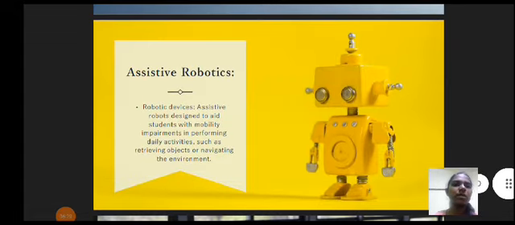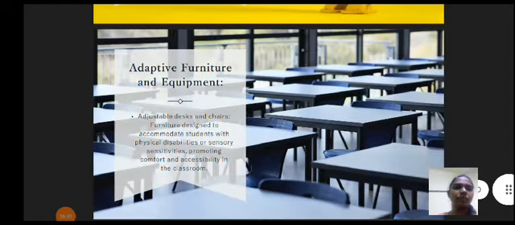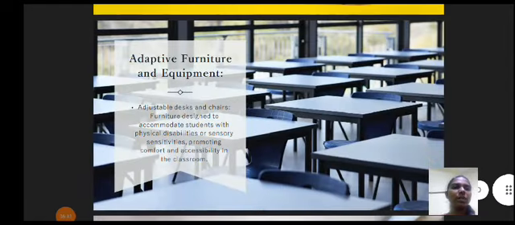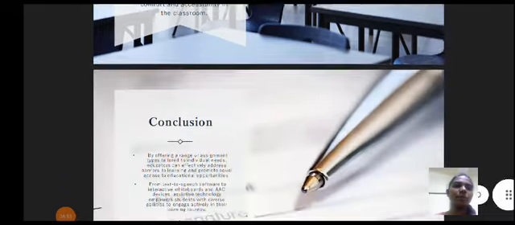Assistive robotics: robotic devices designed to aid students with mobility impairments in performing daily activities such as retrieving objects or navigating the environment. Adaptive furniture and equipment: we can give students furniture designed in such a way that the student would find it comfortable to sit in. So that is adaptive furniture and equipment.